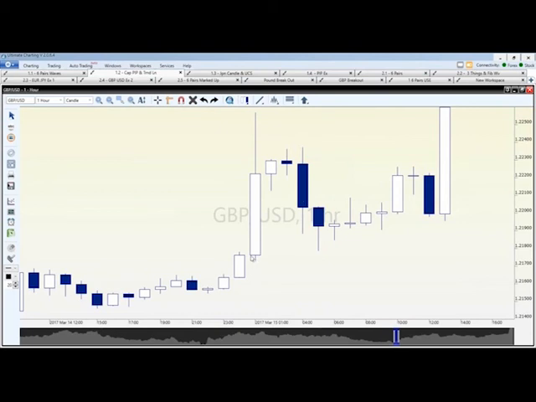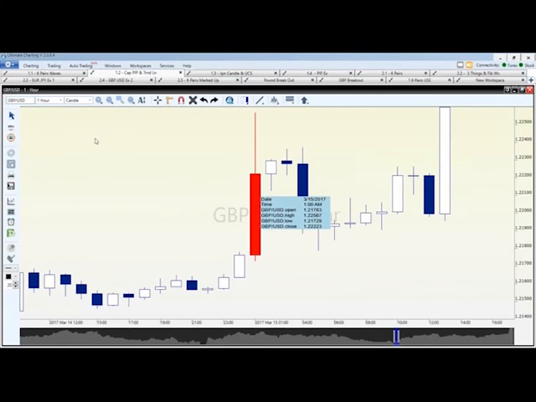So as an example, if you can see my cursor, to begin with, I'm going to focus in on this one right here. Does everybody see this red highlighted one? Now, if I click on it, on the right-hand side, a box will come up and it says open. So that's the price that it opened up with. It tells me the high, the low, and the close as well.